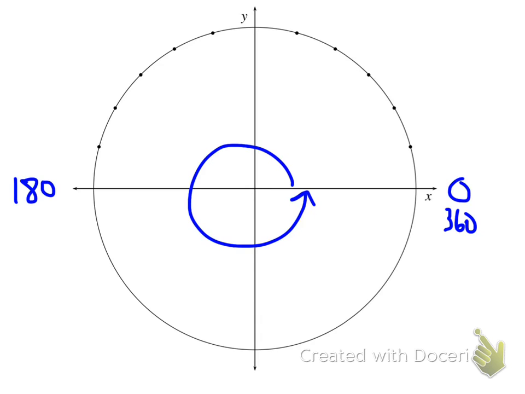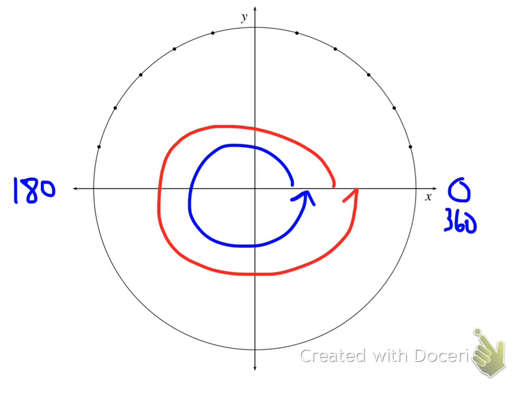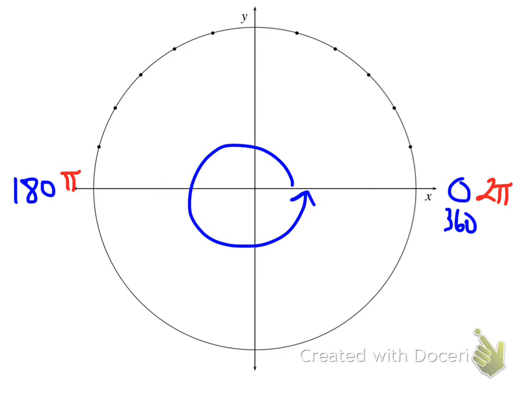Also, from looking at radians, we are starting here, and it is 2 pi radians all the way around the circle. Therefore, if 180 degrees is halfway, that is going to be 1 pi. So going halfway around that circle is 1 pi radian.